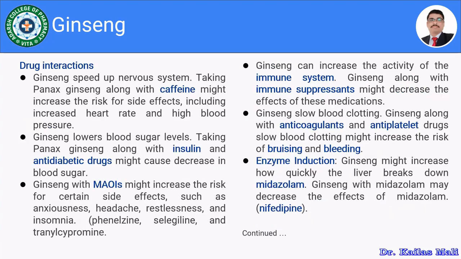So moving towards the drug interactions of ginseng. This is a very important point related with the drug. We are widely using ginseng to get certain health benefits.